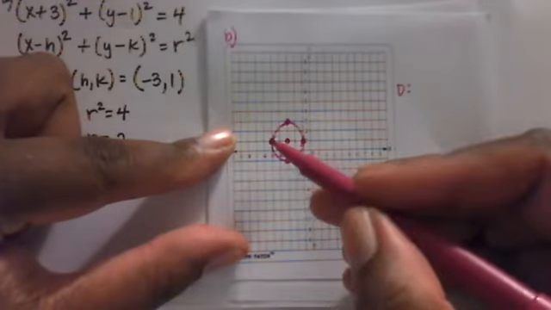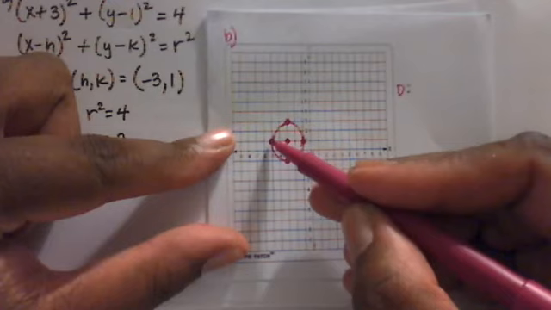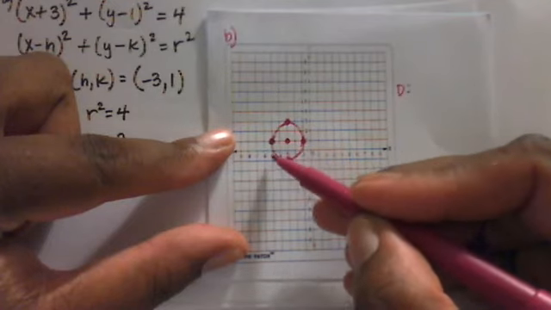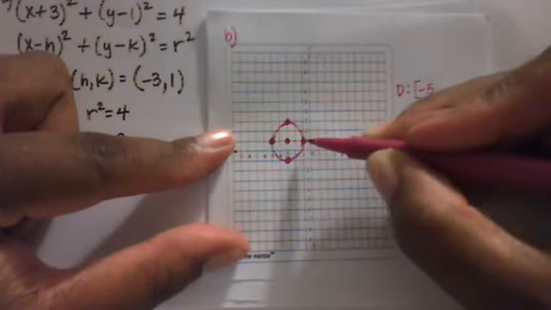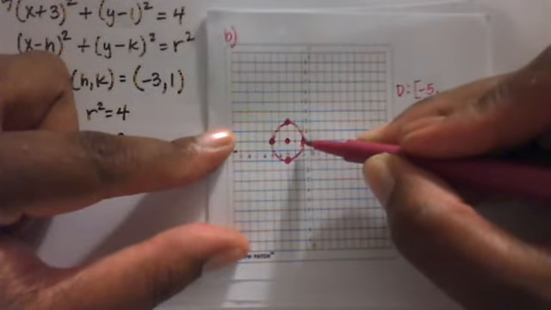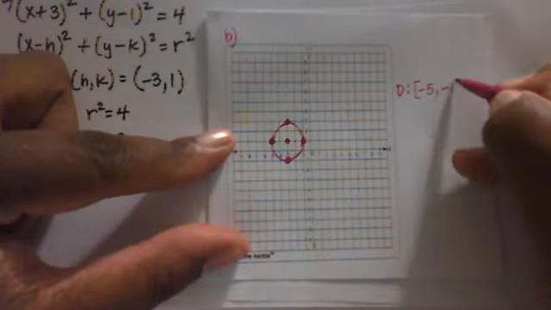The domain, the farthest point to the left, now we're only looking at x values here, so the farthest x coordinate here is negative 5. All the way to the farthest x coordinate on the right-hand side, that's negative 1.